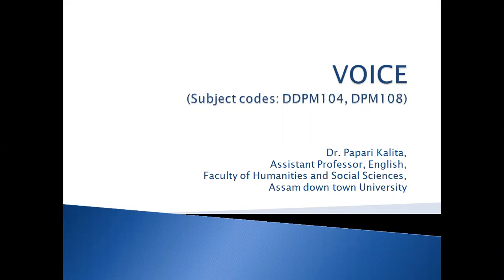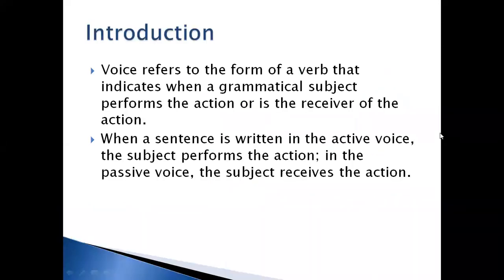Voice in English grammar. What is voice? Let us know about voice. The voice of a verb tells whether the subject of the sentence performs or receives the action. In English, there are two voices, active voice and passive voice.